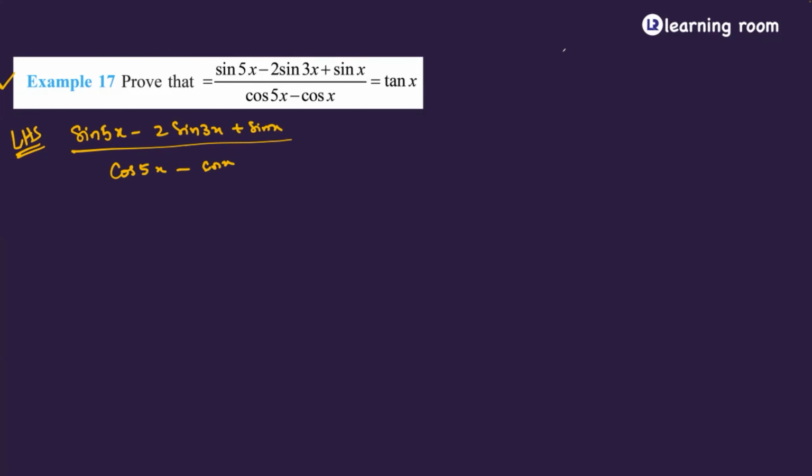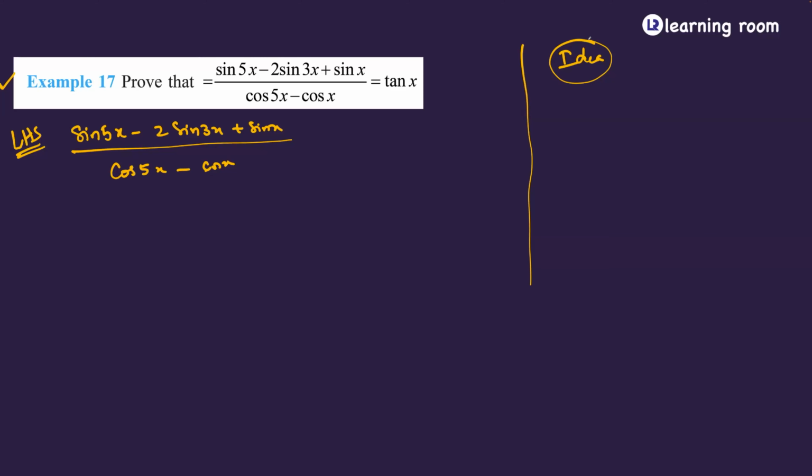The idea here is, whenever you have this kind of a problem, the first thing that you need to observe is the numbers that are there in the angles. Whenever you do sin plus sin, sin minus sin, cos plus cos, or cos minus cos, always you will have A plus B by 2 and A minus B by 2.